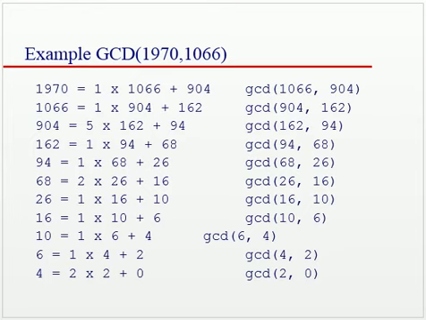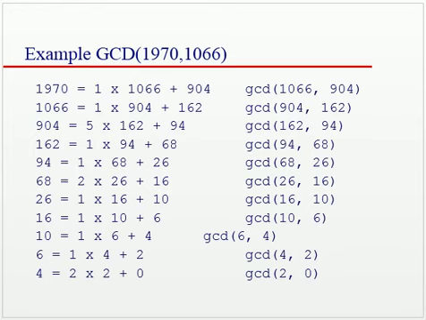Again the remainder is 94, so we divide 162 by this 94. So 162 = 1 × 94 + 68. Again 94 will be divided by 68. So 94 = 1 × 68 + 26.